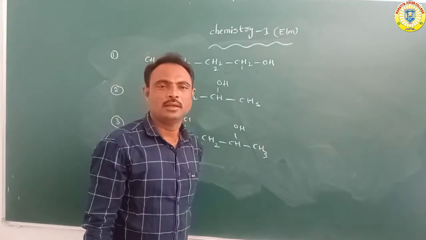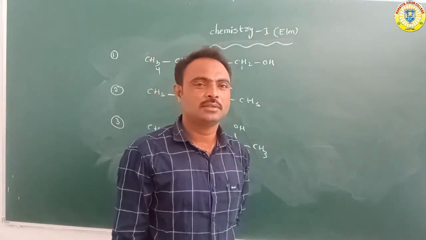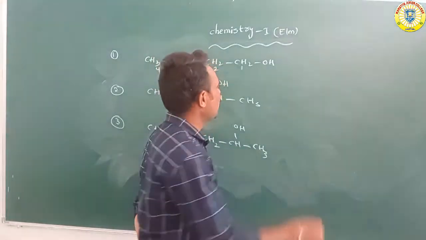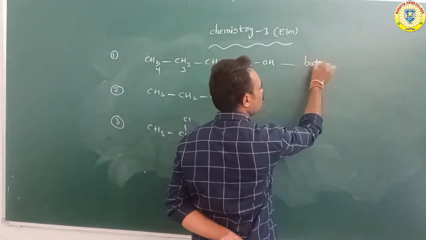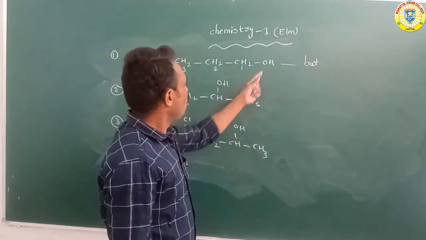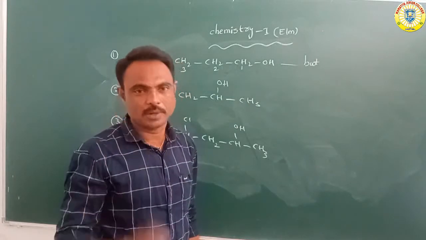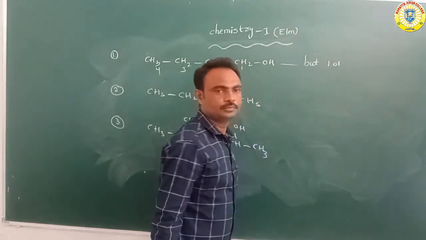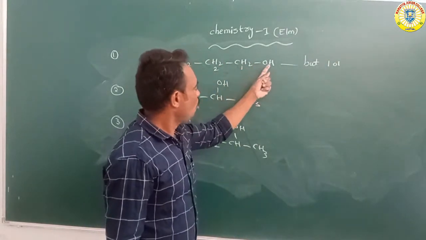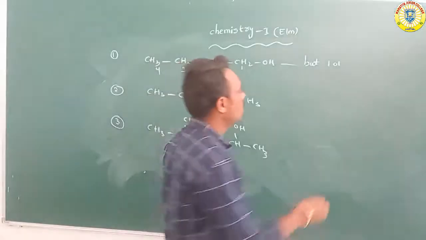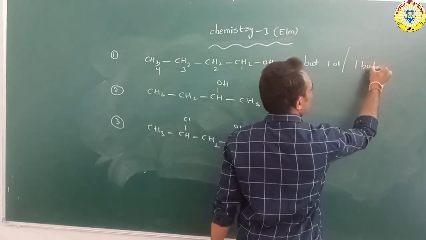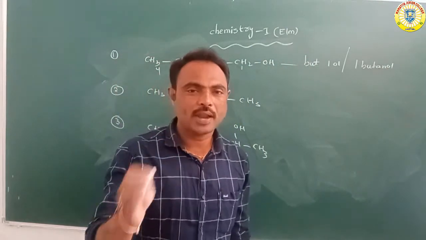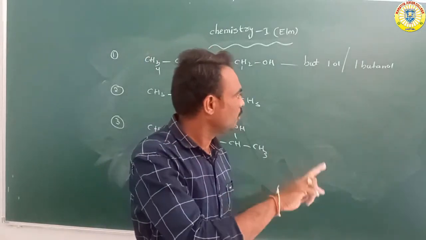First we write how many carbons: 4 carbons means but. The OH alcoholic group is attached with the first carbon, so we write 1-ol. So but-1-ol, or it is also called 1-butanol.